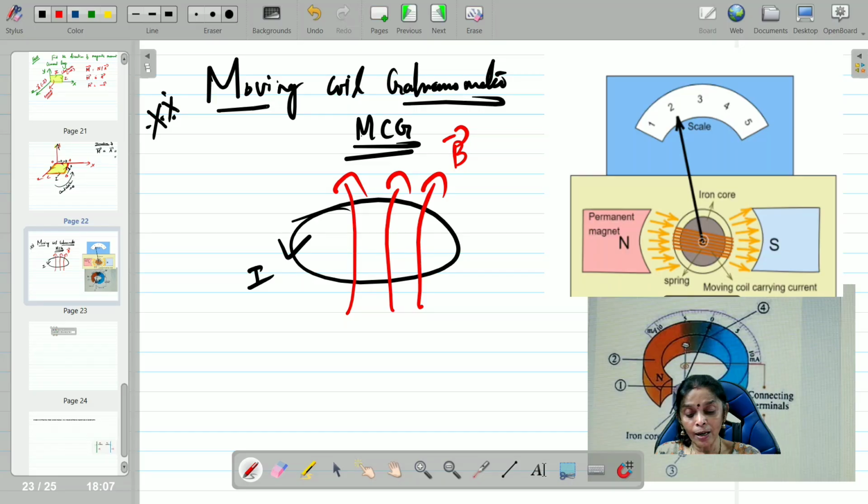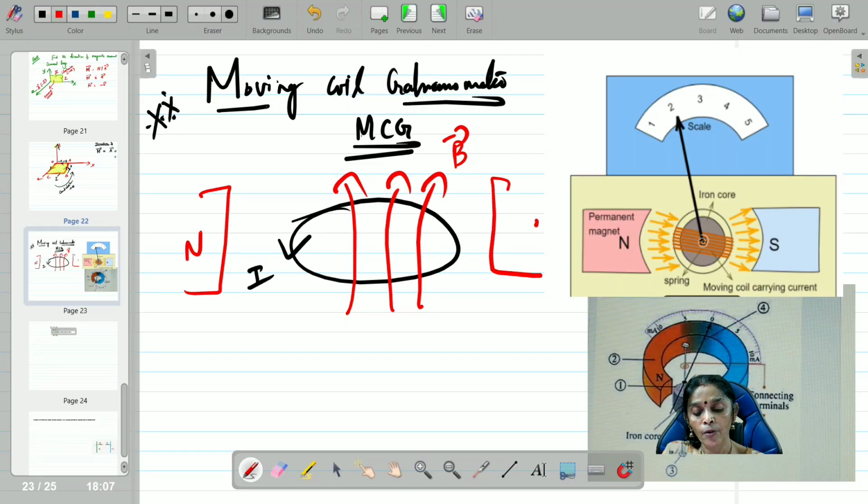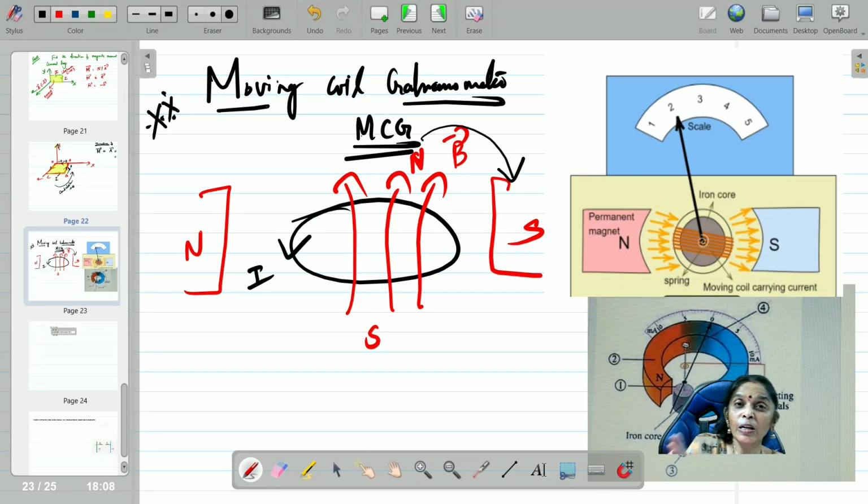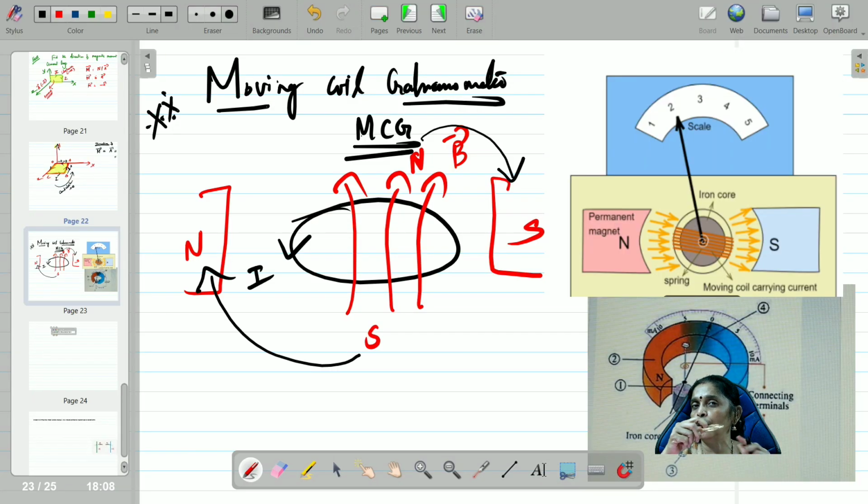How? I am going to place it in the external magnetic field. When I place it in the external magnetic field, what happens? This is the north pole, this is the south pole. The north pole will try to move towards the south pole because it gets attracted, and the south pole is attracted towards the north pole. Now you tell me, what does the coil do?